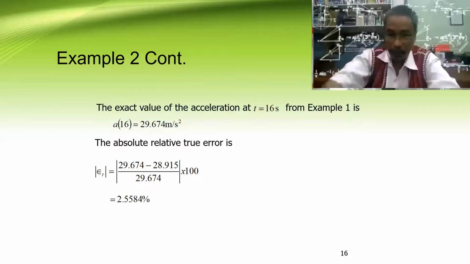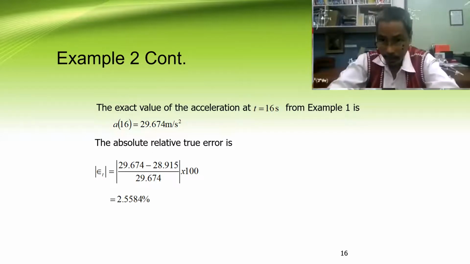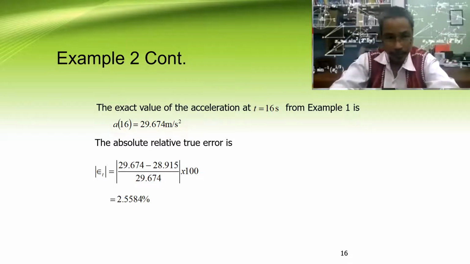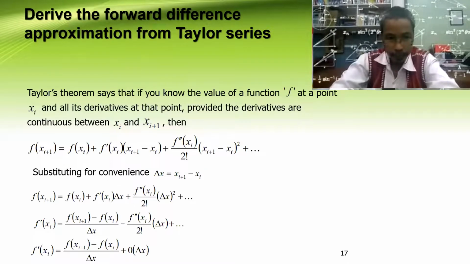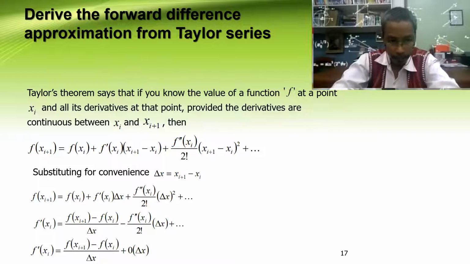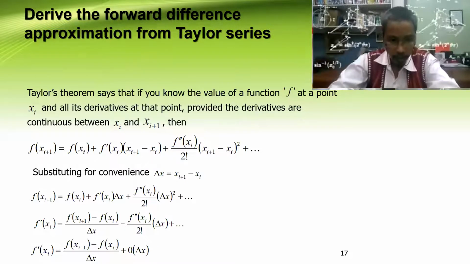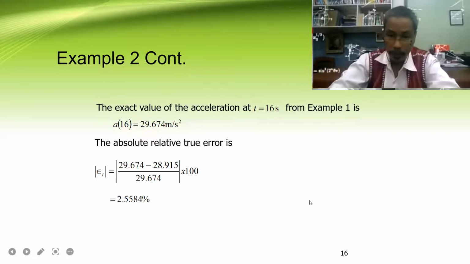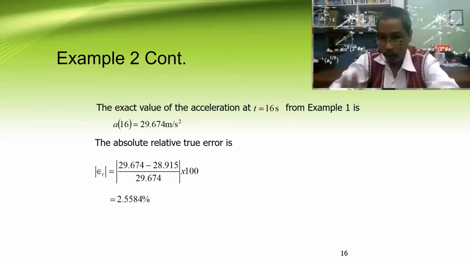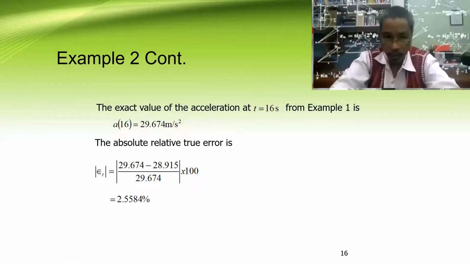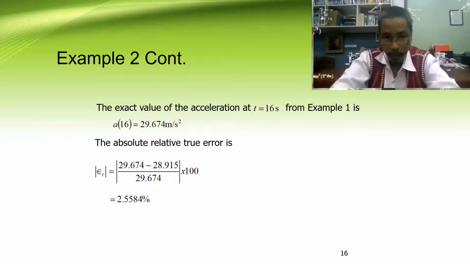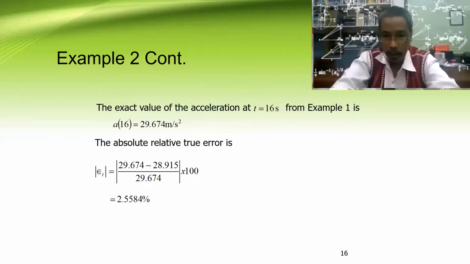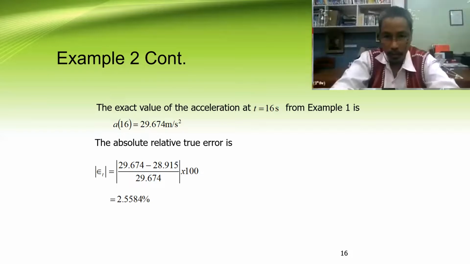But the important thing is less than 5% and even less than 3% error. So that is our discussion for this module about differentiation using backward difference approximation.